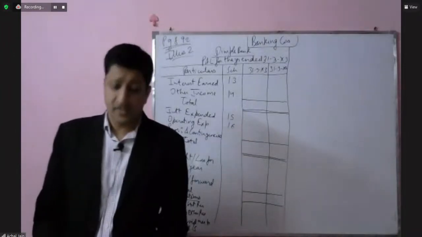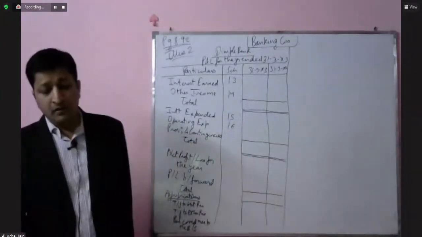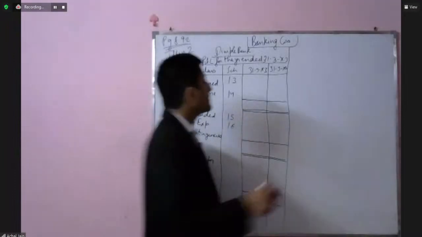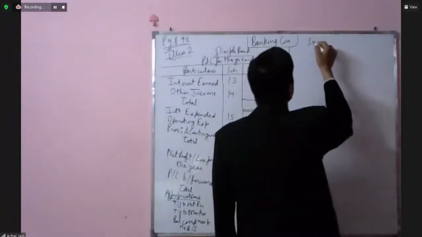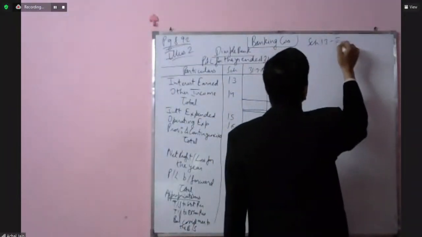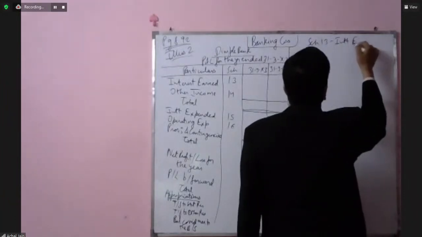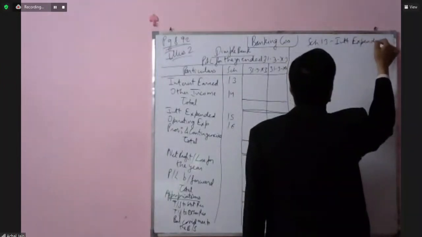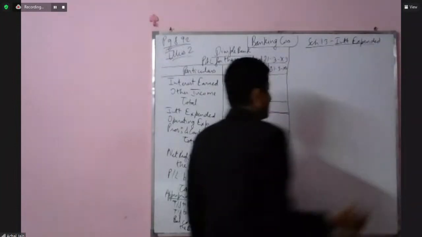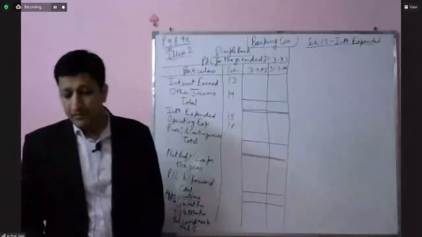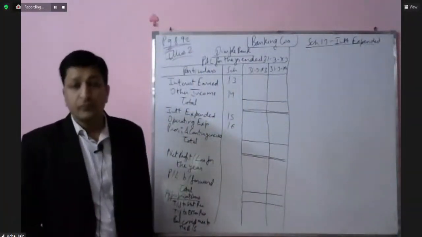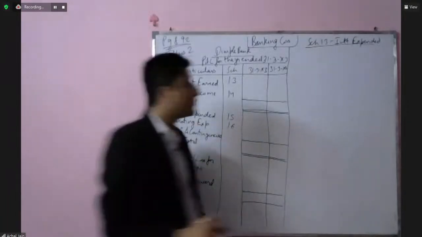Now let's begin with this. So we'll move on to the first schedule, schedule number 13. Interest expended. And here again in the schedule 2 years will have to be given, for X3 and for X2.